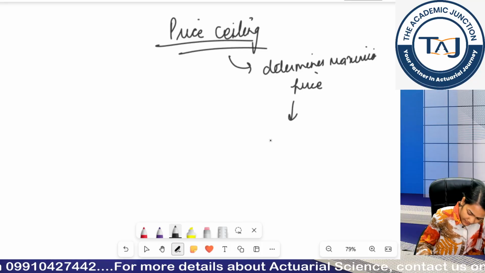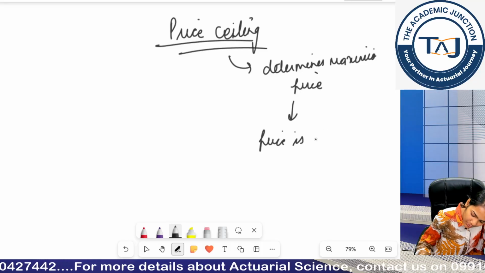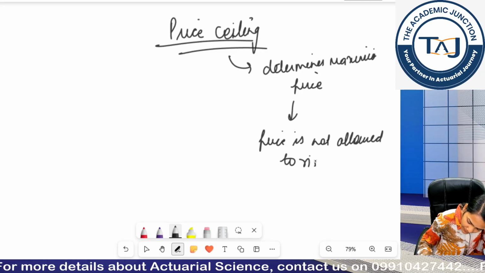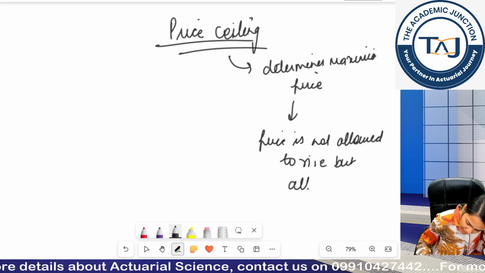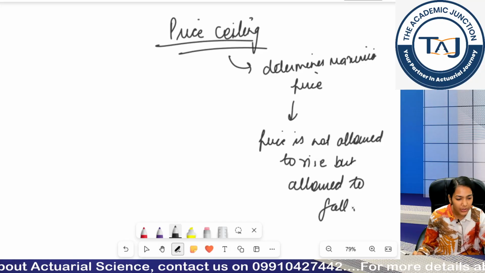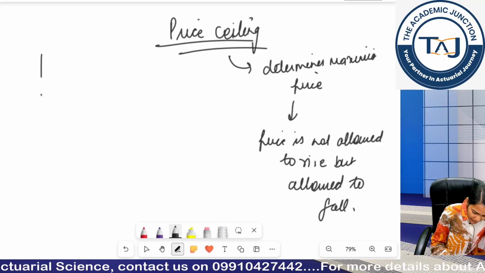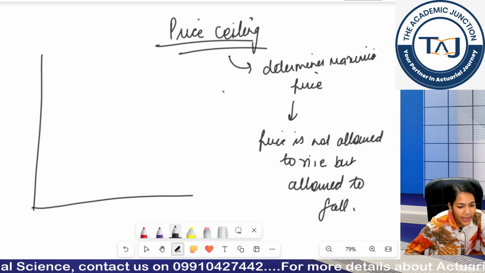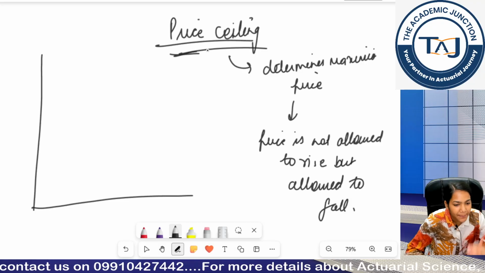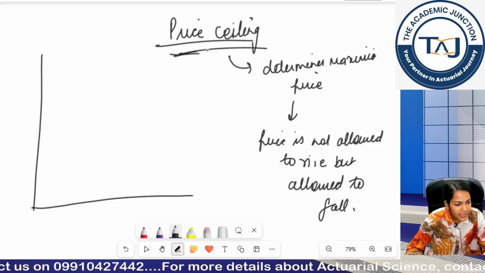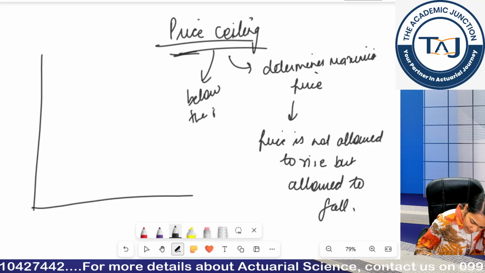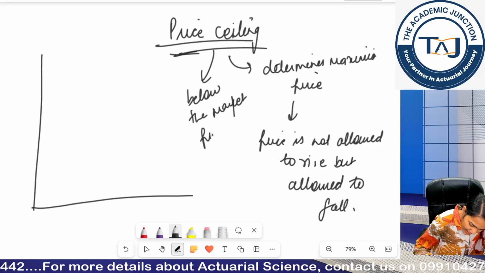So price is not allowed to rise, but it is allowed to fall. Obviously the government will establish this price ceiling below my market price, so it will always be below the market price level.